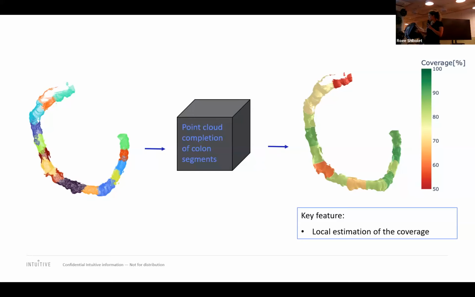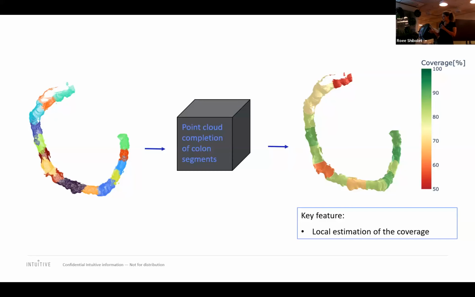What I show here is the reconstruction of the colon that is split into segments, and for each segment we estimated the coverage. The segments are color coded with the coverage.